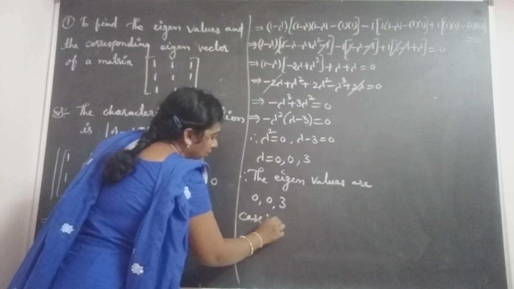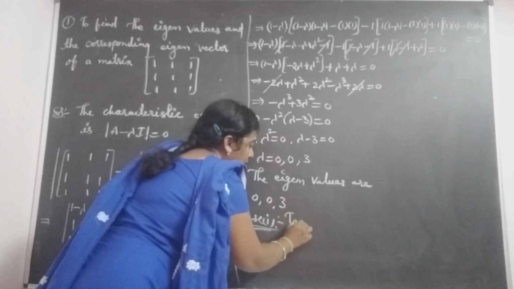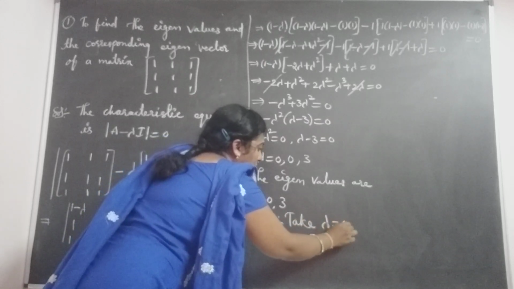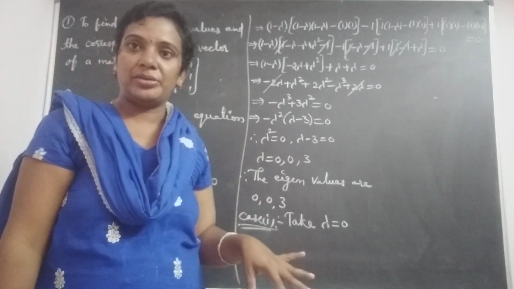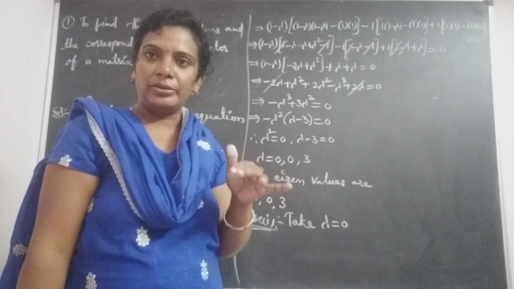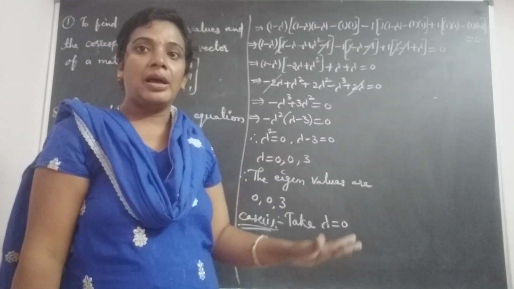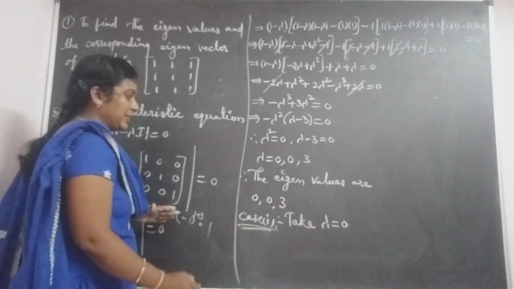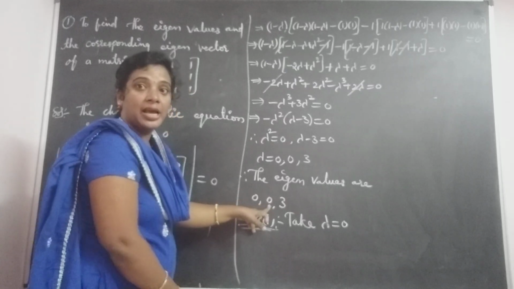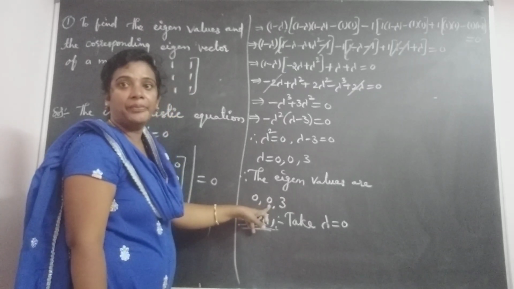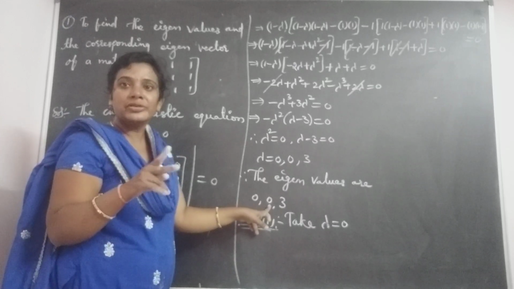In case 1, take lambda equal to 0. Here lambda is 0, 0; these two are repeated roots. For that we can find the corresponding eigenvector for lambda equal to 0. If two roots are repeated, then in the echelon form reduction of the A minus lambda I matrix, two rows will be 0.